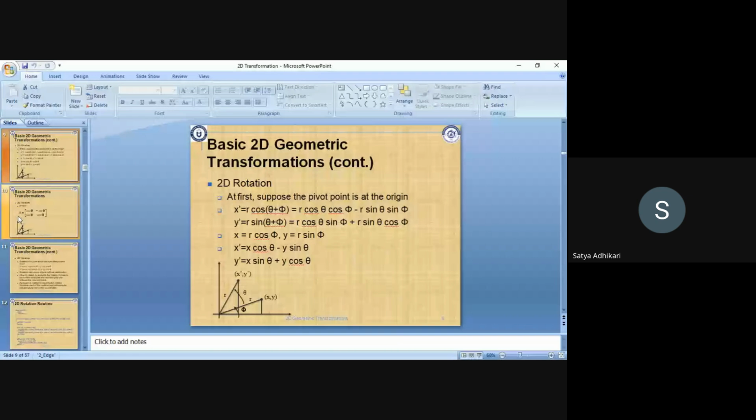As theta is positive, it is clockwise. After rotation, the new position is x dash y dash, with respect to the origin. And the total angle is, first it was phi, and this is theta, so theta plus phi.